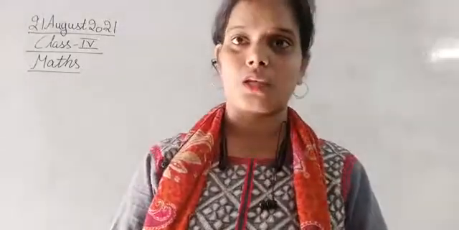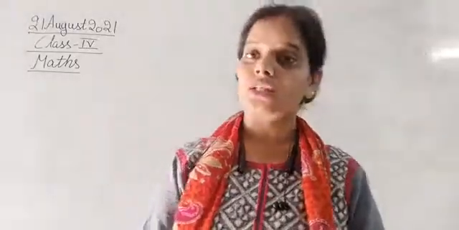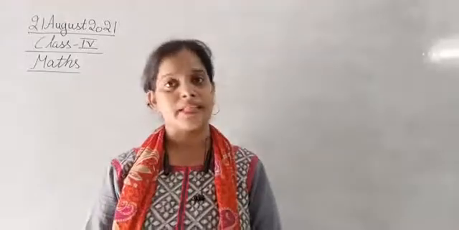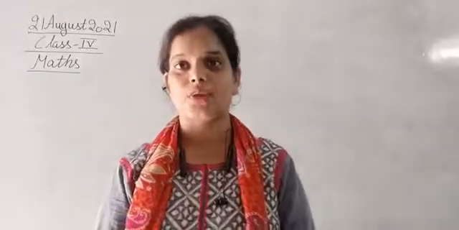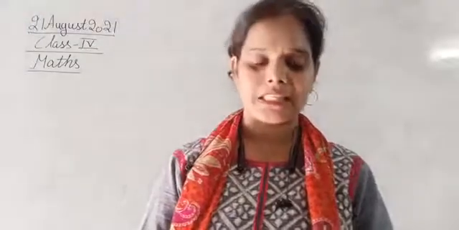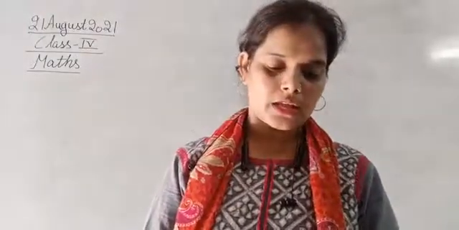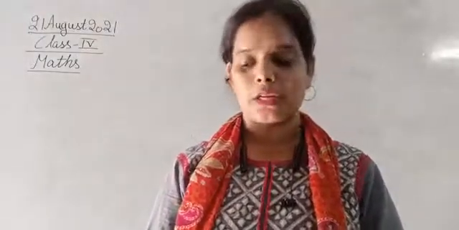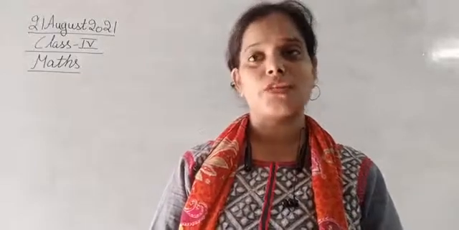Today I am going to continue with the same topic and the same exercise, 6.6. So all of you kindly open your books at page number 66. Open your notebooks as well, write down today's date on it, and let's do the sums.